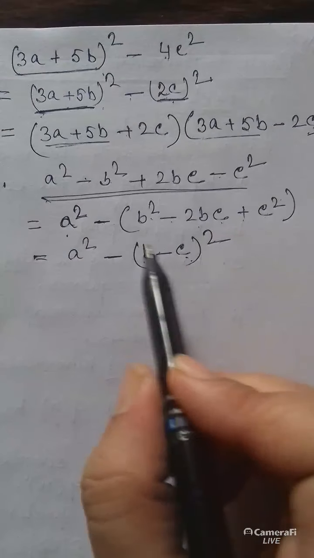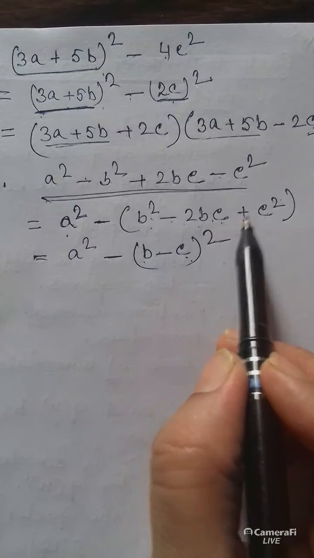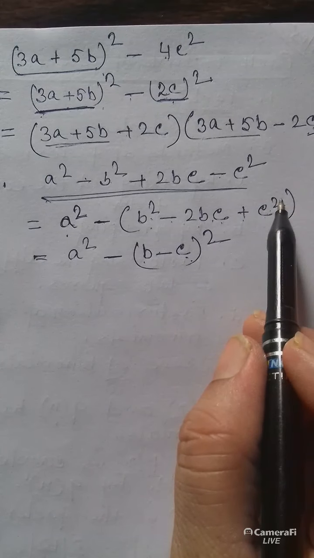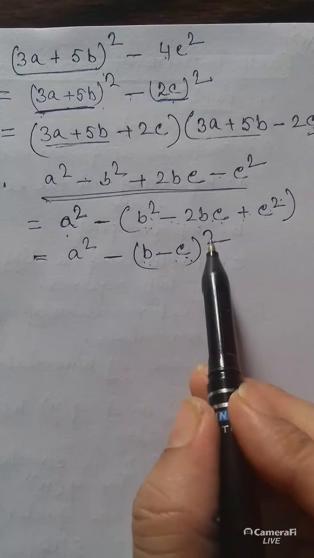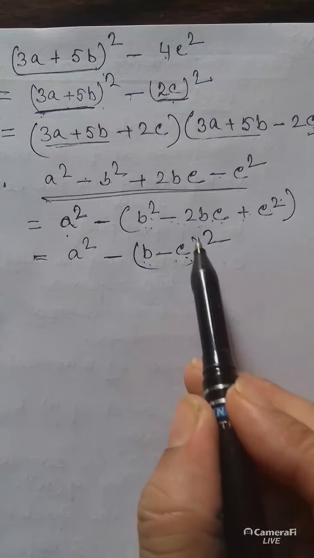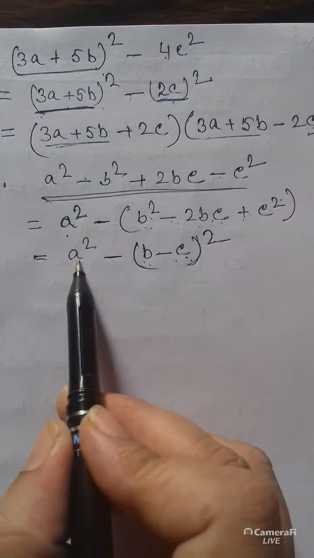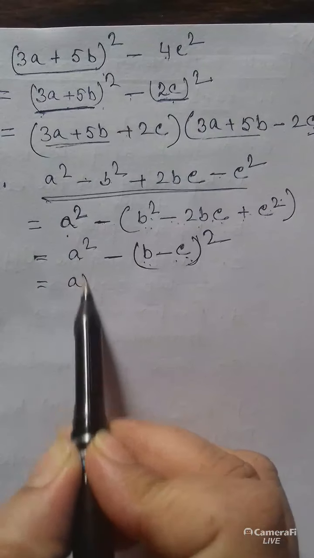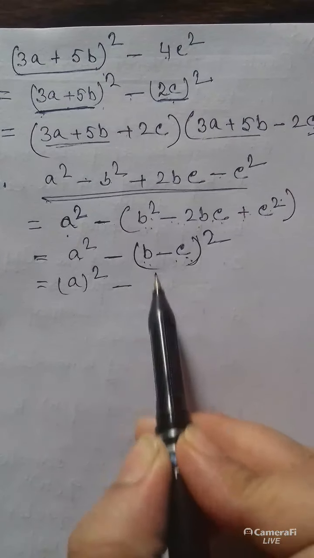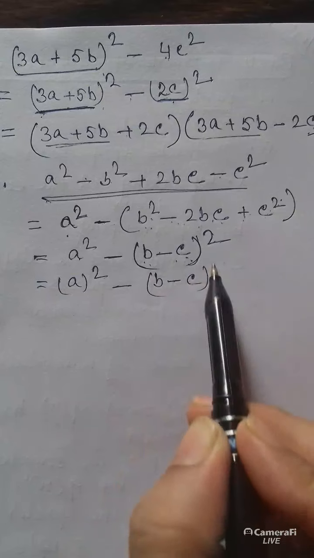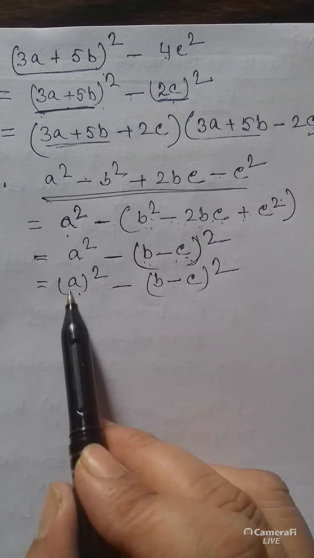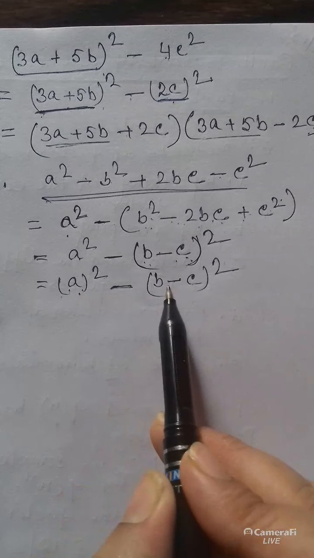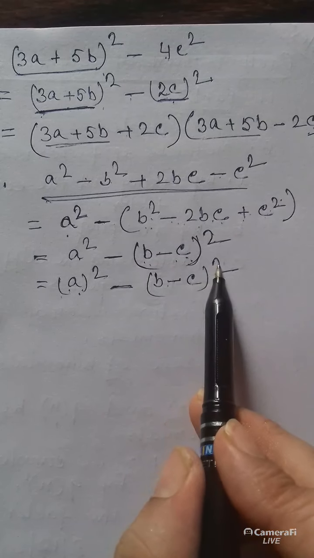So here it is b minus c whole square, and a square means a whole square minus b minus c whole square. Difference of two squares. This is a square and this is another square, b minus c whole square.